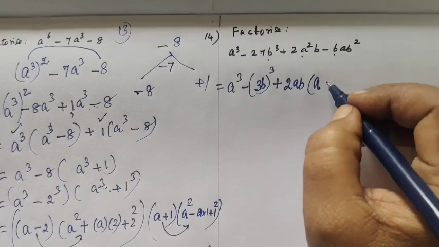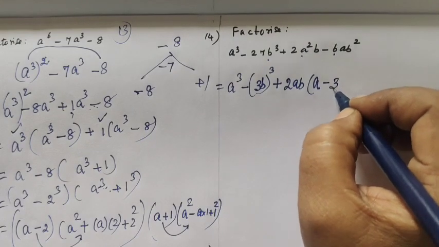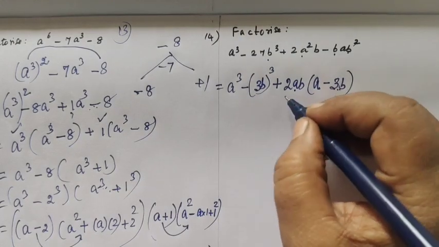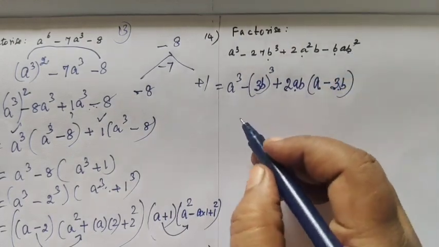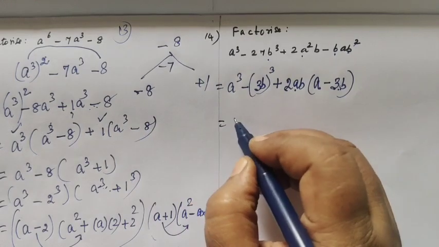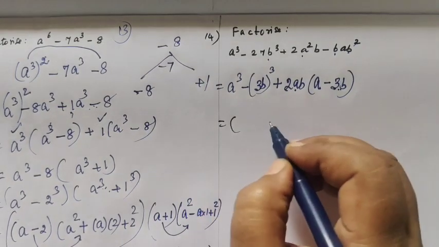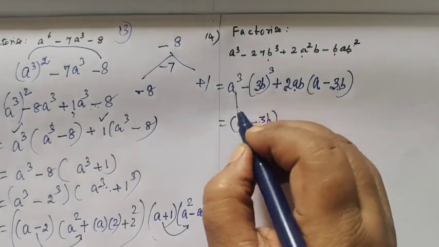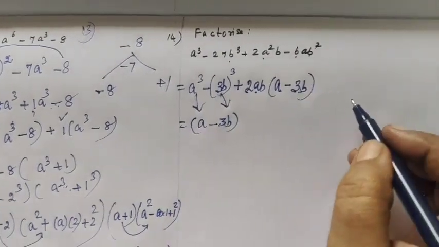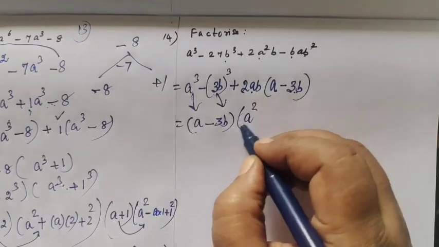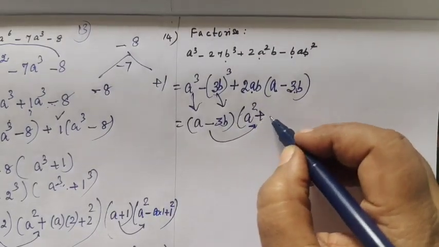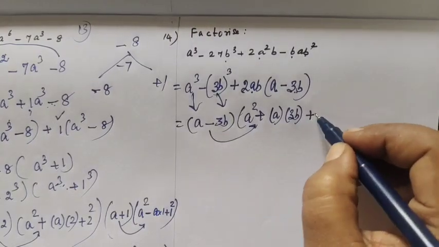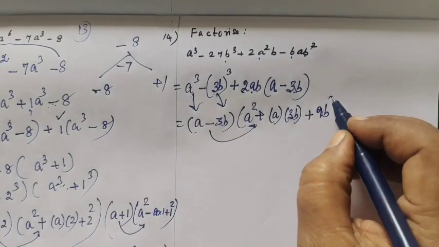Then 3 times minus 3b, b squared taken outside, 2 into 3 is 6. Now apply the formula a cube minus b cube: a minus 3b, a squared plus 3ab plus 9b squared.